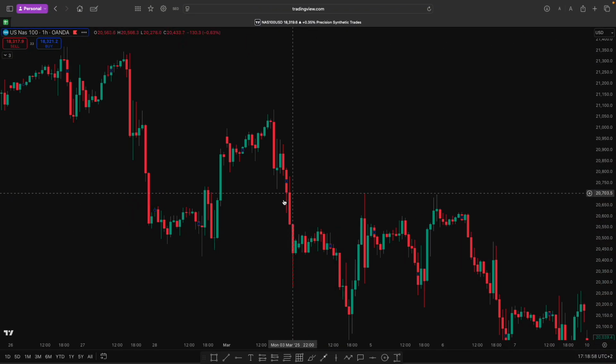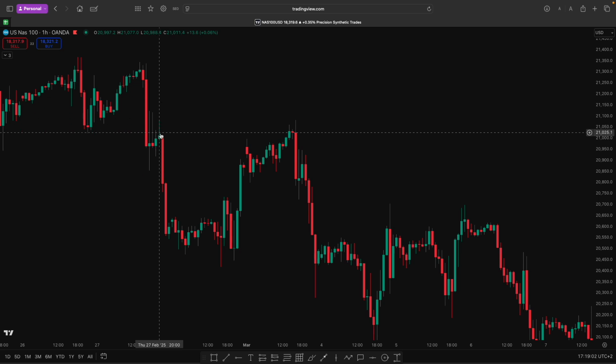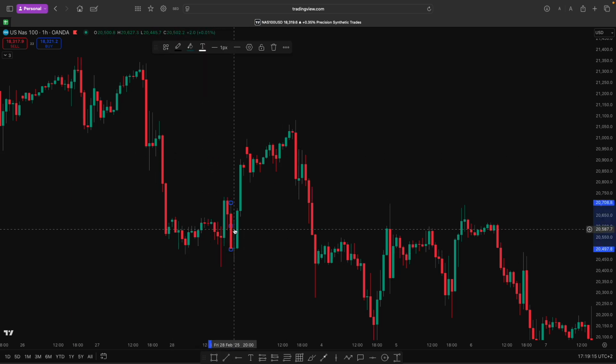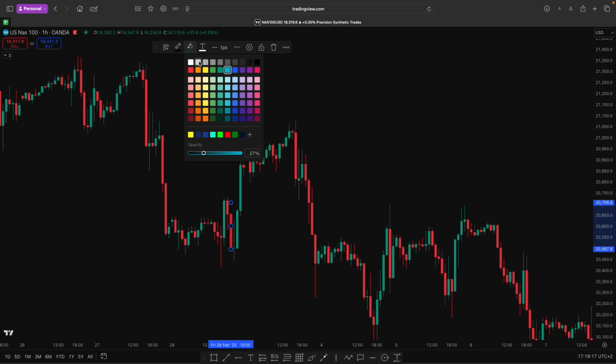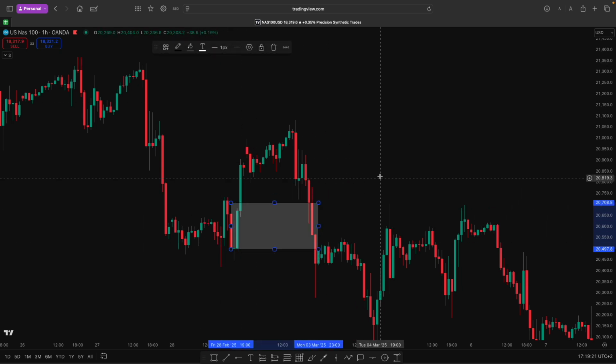Alright, so let's look at this chart example here. You can see price had a huge move down. Price reacted from this zone right over here. So let's quickly have a look. If you take this order block, I'm just going to take the full zone. Change the color. We're going to take the full zone. This is an order block.